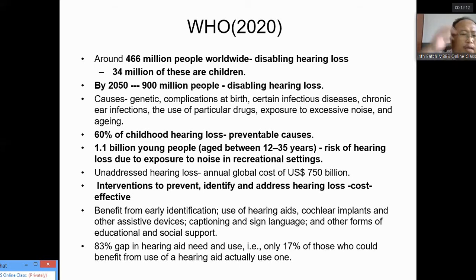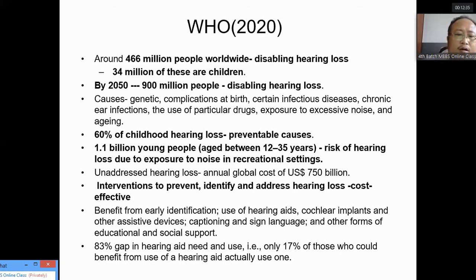It means we can manage those cases, or detect early, so that in the future the children's development, language and personal development will not be hampered.